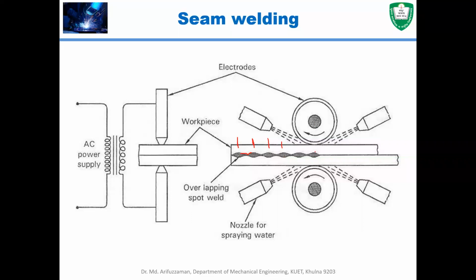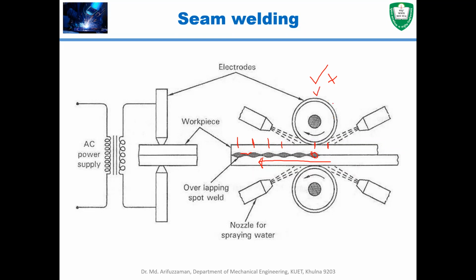When the wheel is in contact with the workpieces and the workpiece moves to the left side, then after a certain time, when the workpiece is in this region, you turn on the electricity for certain seconds. Then when the welding is done, you turn off the electricity. Then the workpiece moves to the next location, and again you turn on the electricity.